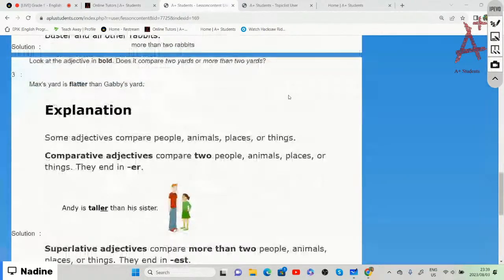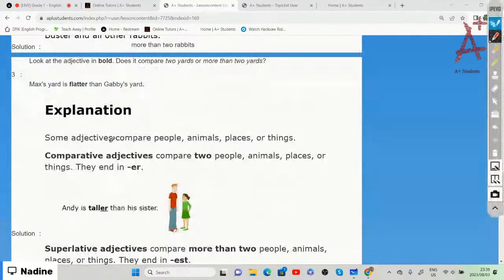Max's yard is flatter than Gabby's yard, right? They want to know, does it compare 2 yards or more than 2 yards? In this case, 2 yards are compared, because they're comparing Max's yard to Gabby's yard.